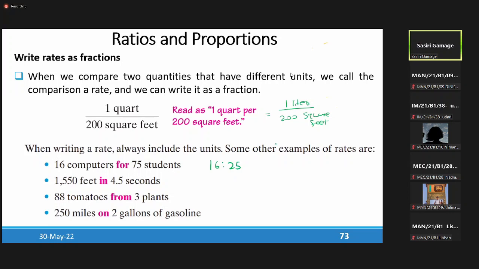The ratio between computers and students, if we just write 16 to 75, we have no idea, so we have to write the ratio like this. Then 1550 feet in 4.5 seconds.